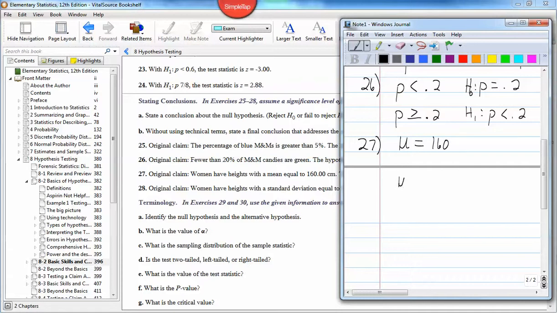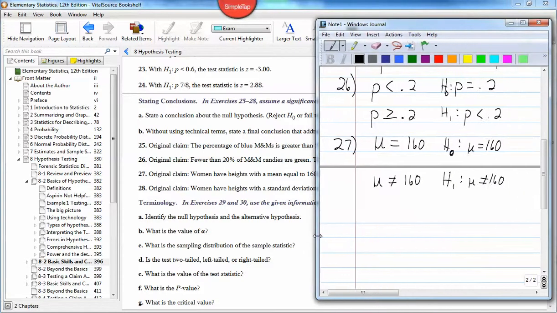The opposite of that would be mu is not equal to 160. The one with equality, that is my null hypothesis. And the other is my alternate hypothesis. Okay? So that's the first part of looking at any claim, to be able to write down the null and alternate hypothesis.